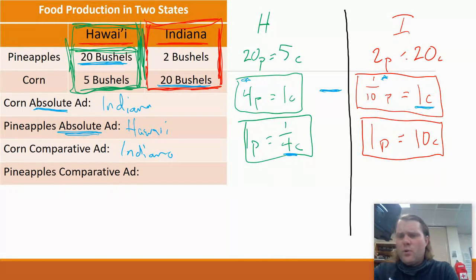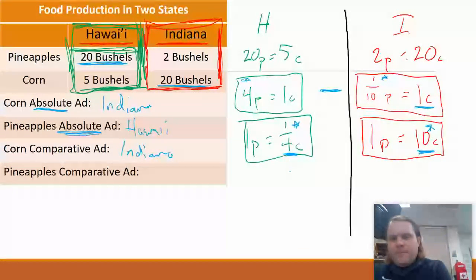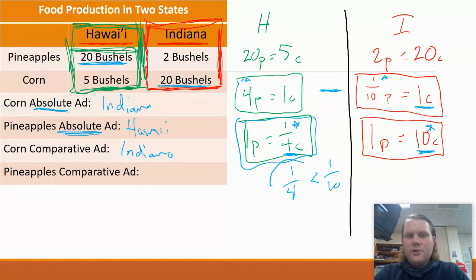If Indiana wants to produce a pineapple, they've got to give up 10 units of corn. 1/4 is less than 1/10. We're going to give the comparative advantage in pineapples to Hawaii. That's what we need to be able to draw.